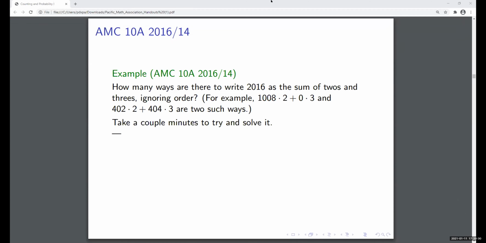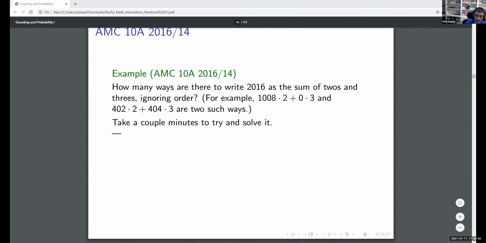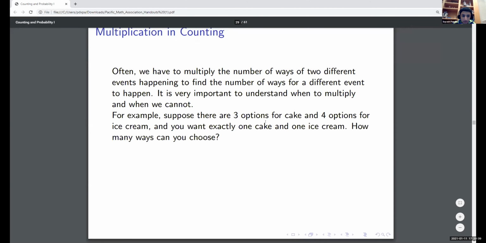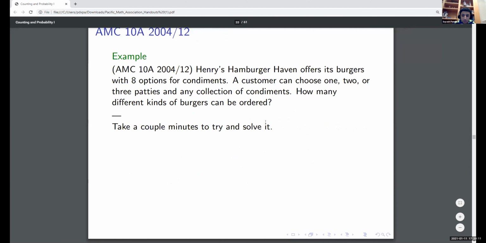Wait, didn't we just go over this? Like this problem? Oh, sorry, I've got me on the wrong problem. Yeah. So, this is the problem we want.